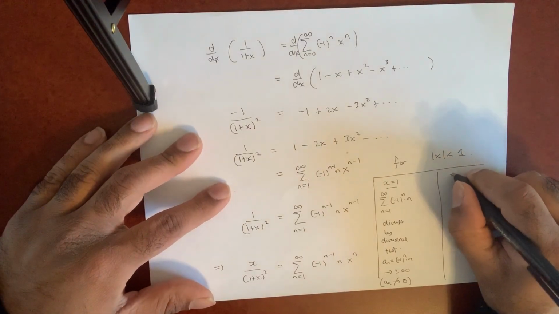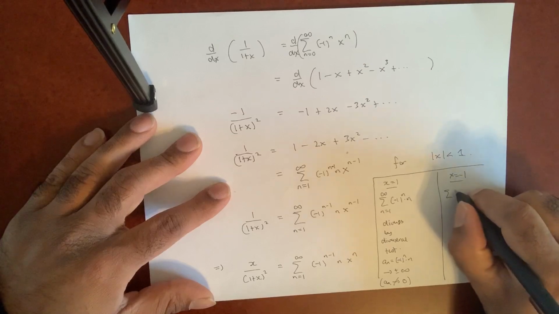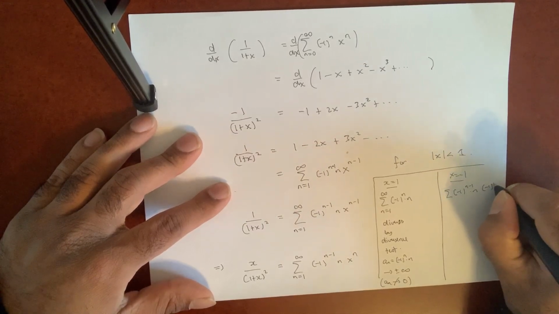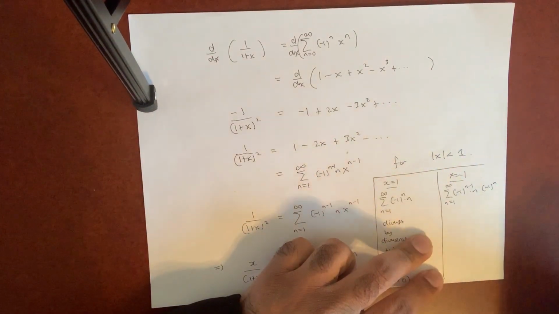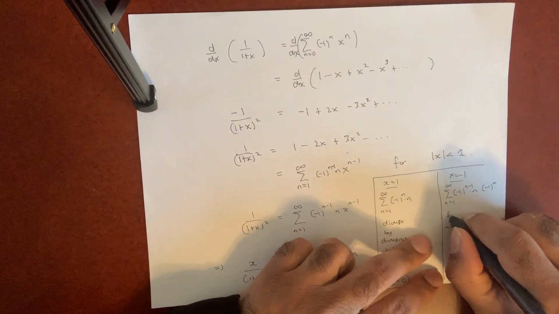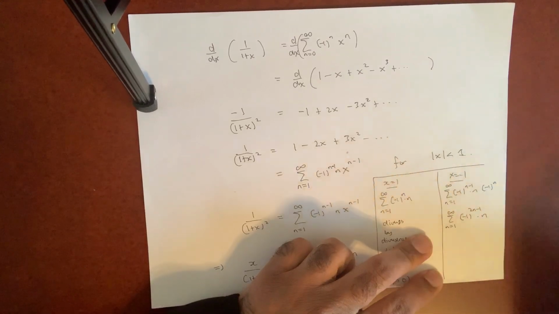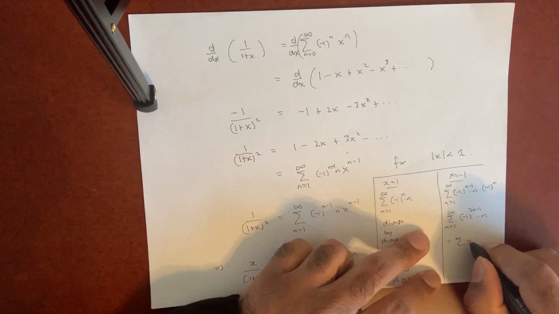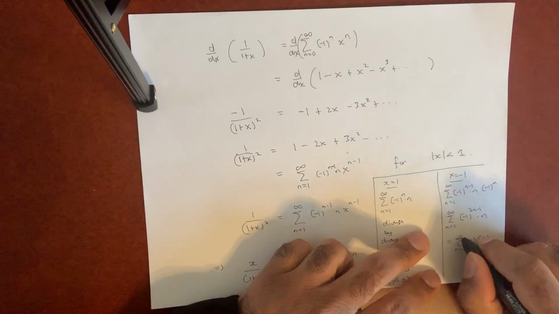And it's a similar deal for -1. For -1, we get (-1) to the n minus 1 times n times (-1) to the n. And so overall, we have a series (-1) to the 2n minus 1 times n, which is actually just a series of -1 times n, because that's always an odd number.